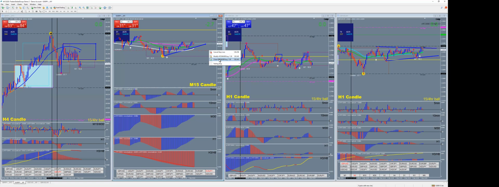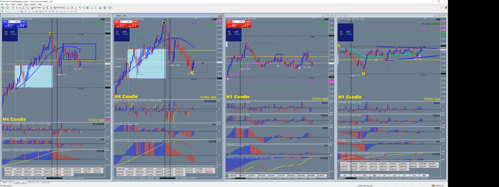It'll be a slow mover, but it's going to move up. It's against the trend of the 4 hour. That's the problem. So it'll be up and down. Back to the 15.